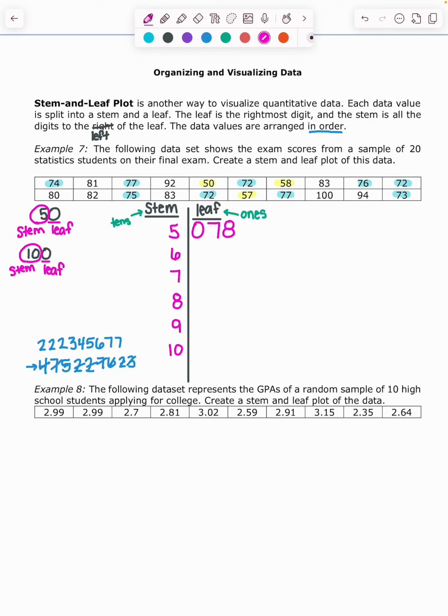Okay, so now that I know what the correct order is for the numbers in the 70s, I can put them in my chart. There we go.